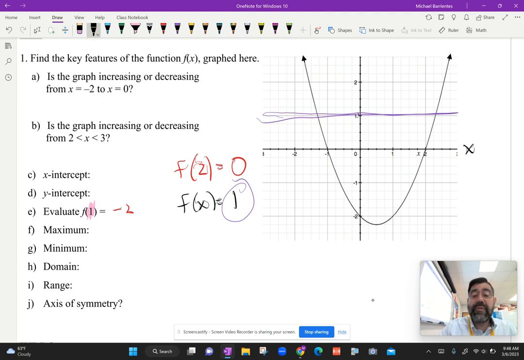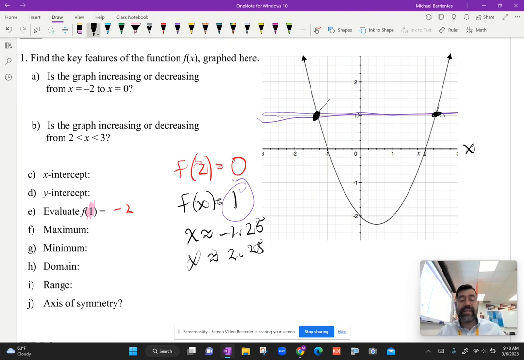Where does that happen? Well, that happens here, and that happens here. And we're going to say that x value is about -1.25 and about positive 2.25, because at those two x values, that's where the output of 1 is, or the y value of 1 is.